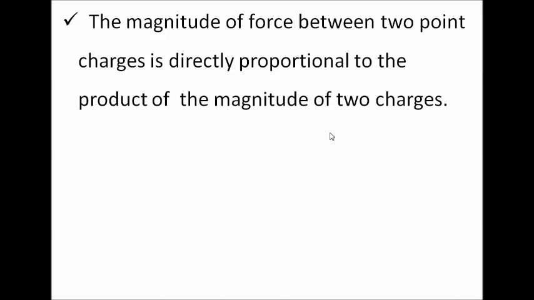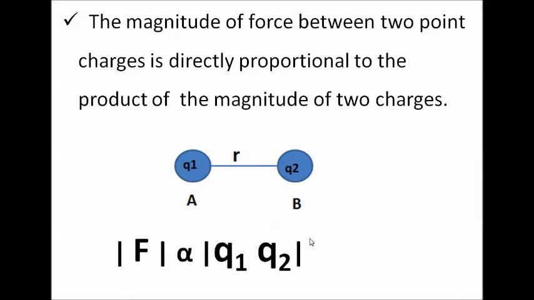In a more general way, we can say like this. If there are two charges Q1 and Q2 separated by some distance r, the magnitude of force acting between these two charges is directly proportional to the magnitude of the product of two charges Q1 and Q2.